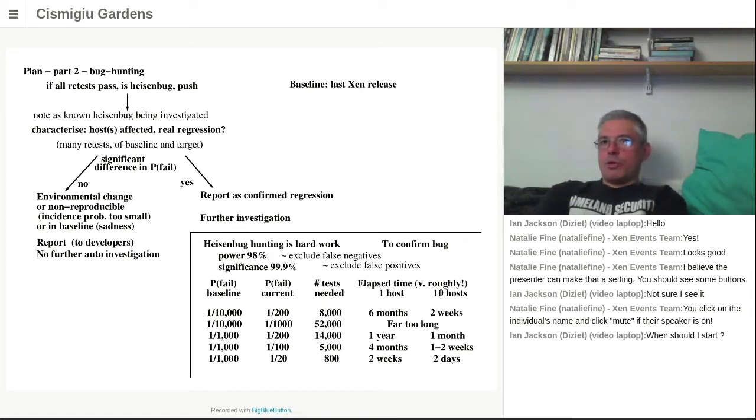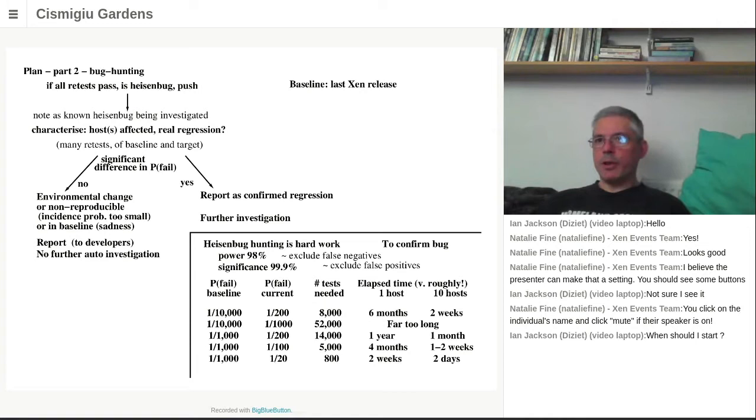So we're essentially doing a statistical test here, and there are two important characteristics for a statistical test. One is the power, which is how good it is at finding a real difference or a real effect. In this context, that means how good it is at spotting when something actually is a regressing Heisenbug.